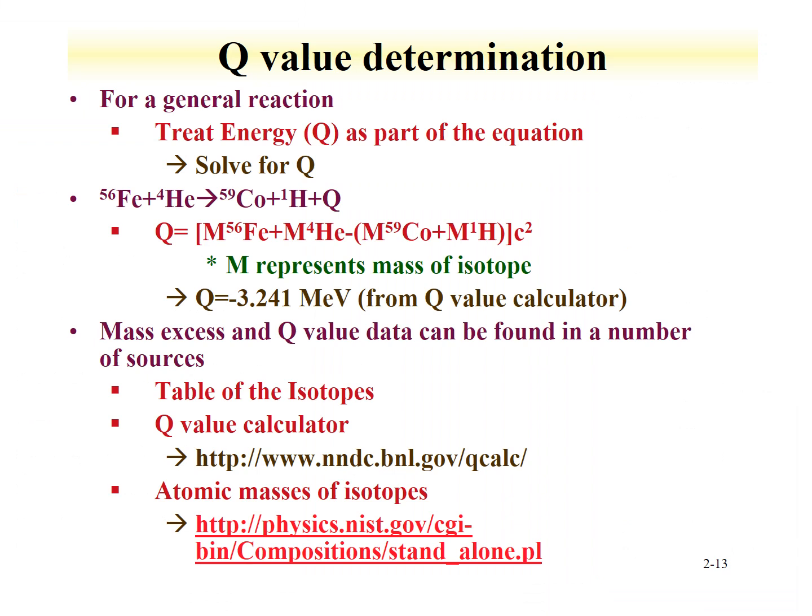Now we showed the Q value for specific reactions. Actually, you can determine the Q value of any reaction. So just treat the Q, the energy, as part of the equation and solve for Q. So for example, imagine this reaction where we have a target of iron and we hit it with helium-4 and cobalt-59 is made along with a proton.